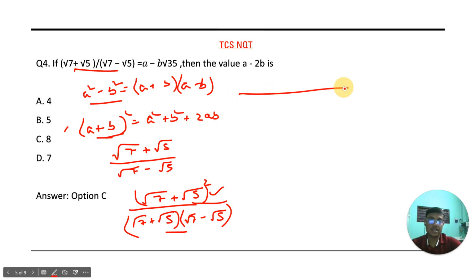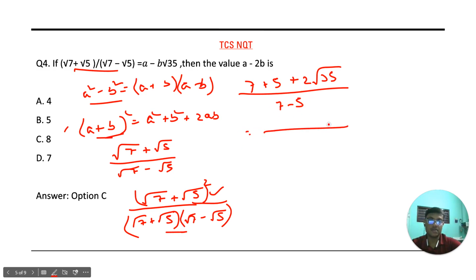Thus we get a square plus b square, which is 7 plus 5, plus 2ab, which gives us 2 root 35, divided by a square minus b square, which is 7 minus 5.